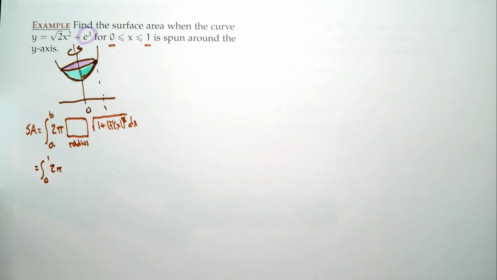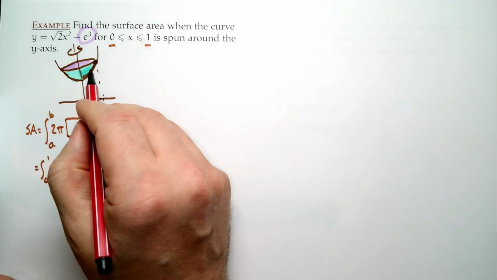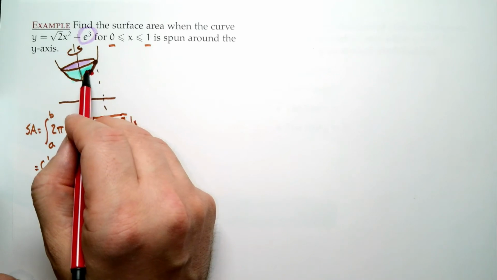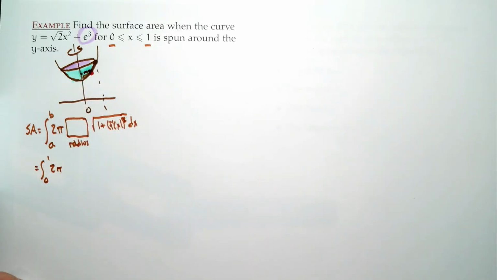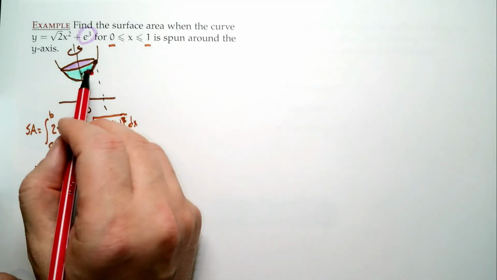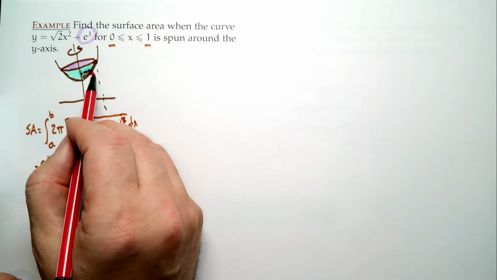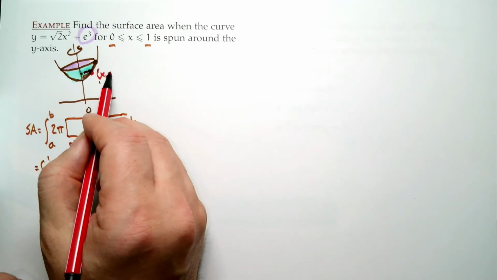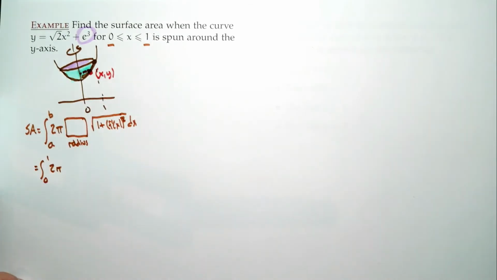Again, think of it as I have a little tiny piece. I know that's hard to see, but there's a little tiny piece there. How far is my little tiny piece from where I spin? It's x, because this little tiny piece is located at the point x comma y.